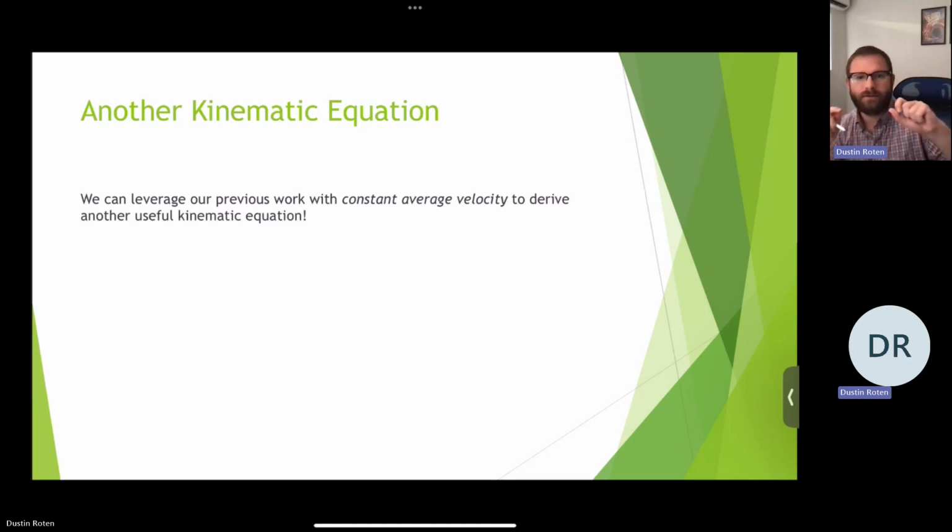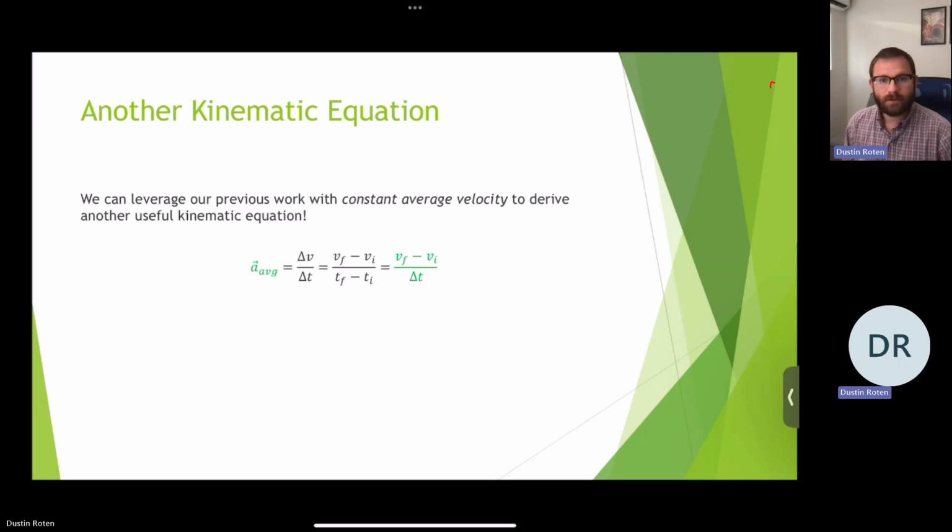Now we can actually start using some of this to build some more kinematic equations. So we already have a kinematic equation, actually a couple, I guess, of kinematic equations from the last lecture. So let's see if we can build up something new here. All right, so using the same idea from the constant average velocity, we're going to essentially use the same mathematical template to build some equations with constant average acceleration.